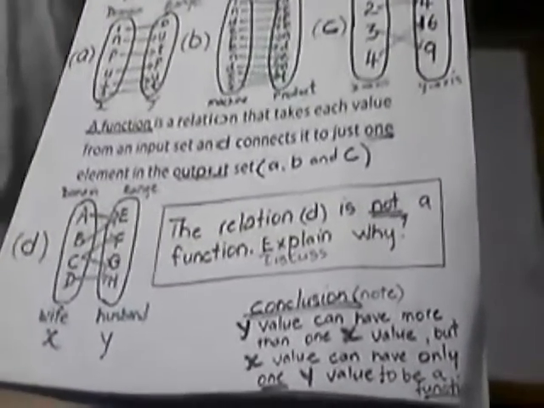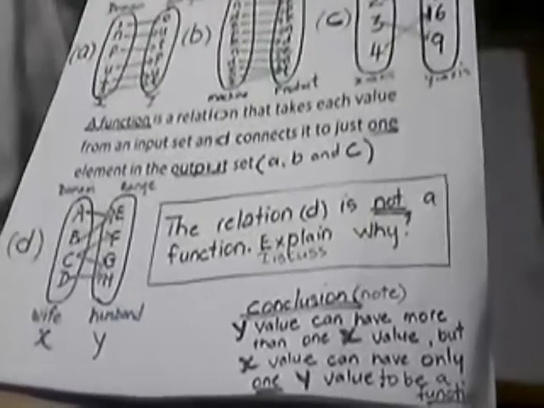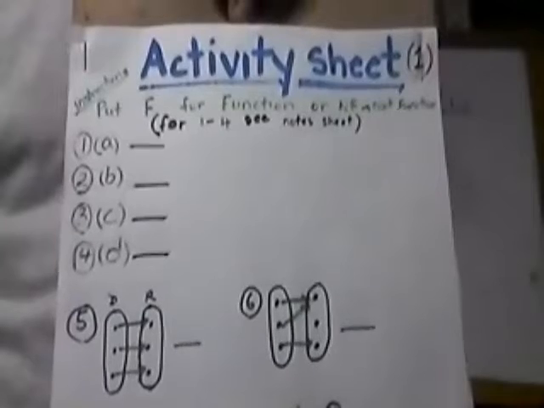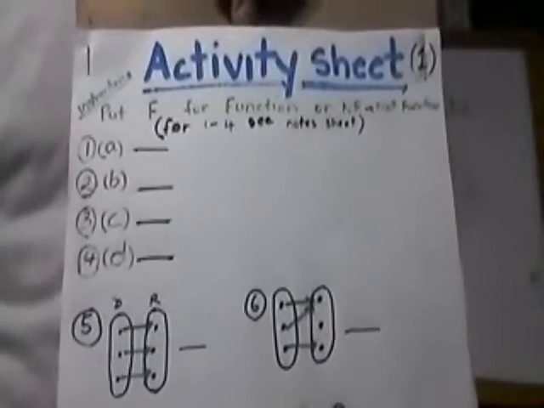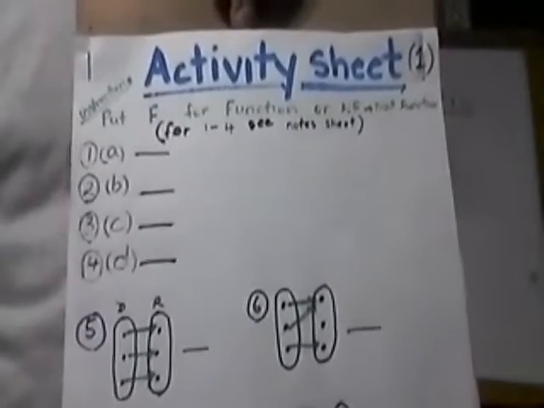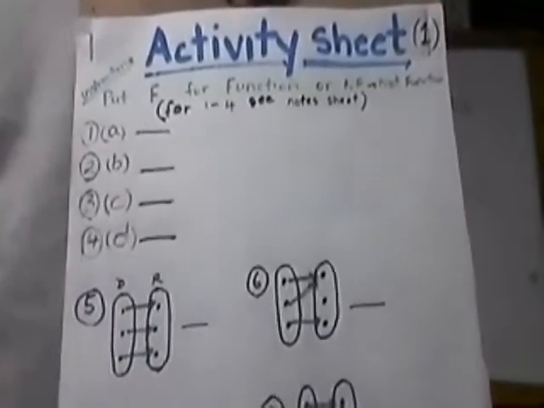All right, so when we come back, we're going to be looking at the activity sheet. Okay, so here is the activity sheet. And there for numbers 1 to 4, we see the previous illustration.